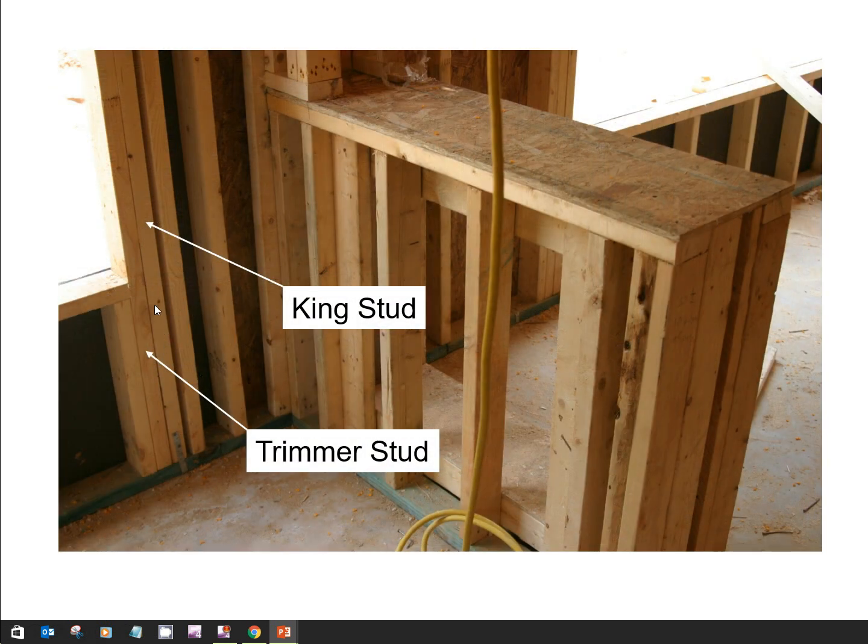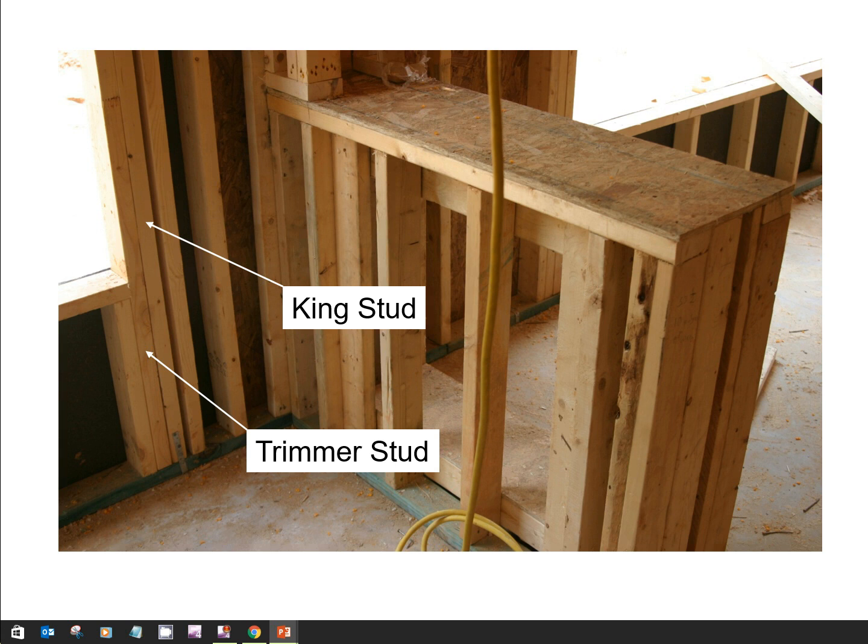So on either side of an opening, these things are not going to work out on your normal 16-inch spacing. So we have what's called a king stud next to the opening, and the king stud goes all the way from the floor to the roof, just like a regular stud. It's just not on that 16-inch spacing. Next, we have what's called a trimmer stud.